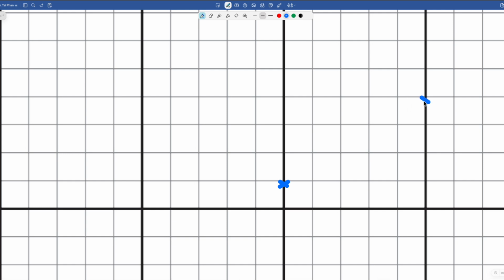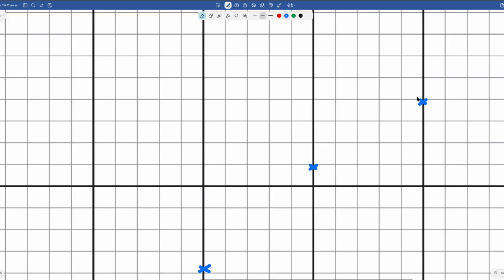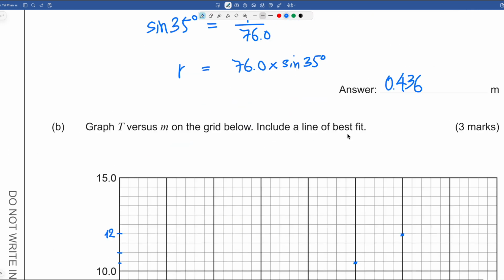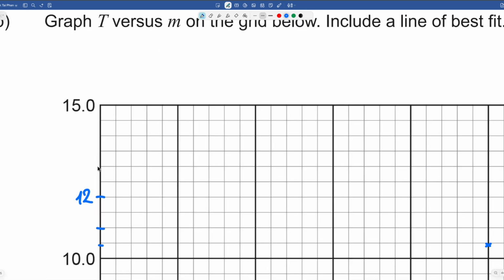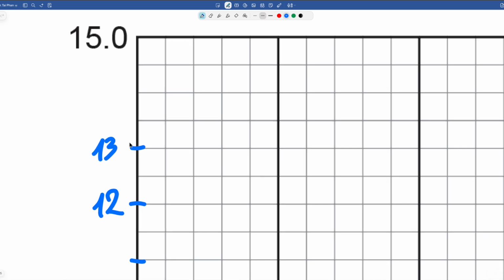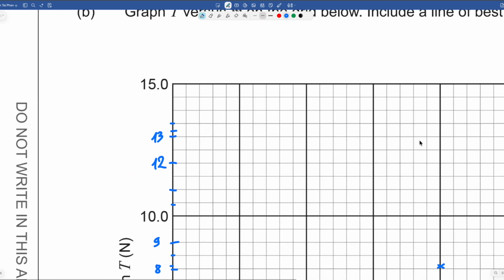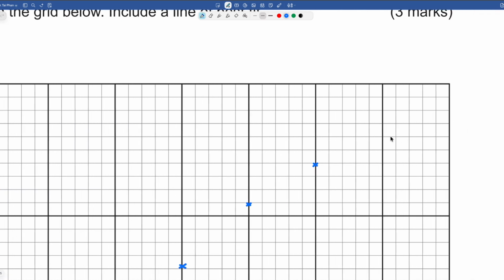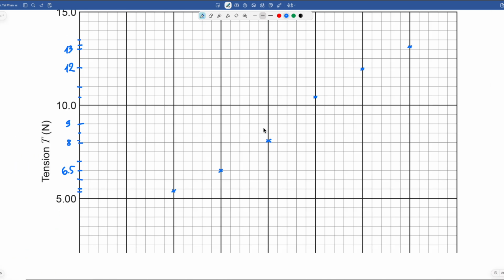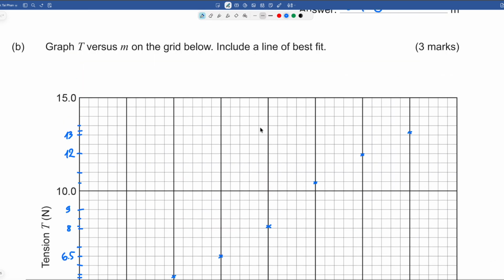Okay, and lastly 0.7, 13.2. 13.5, 13.2 is here. Okay, we finished marking the 6 points of data from the table.